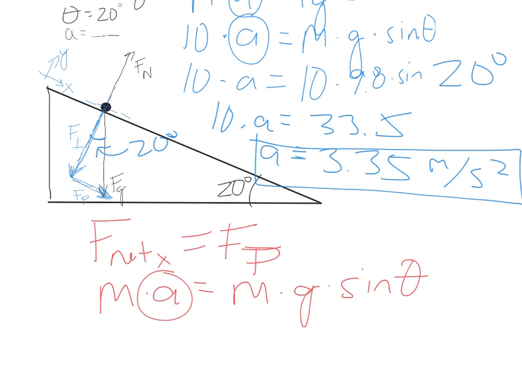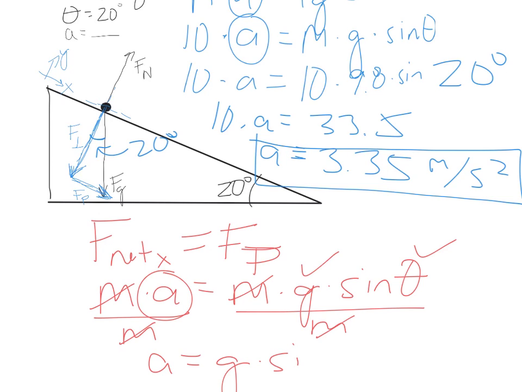We're looking for the acceleration. We know the acceleration due to gravity, and we know theta. We don't know the mass. But you'll notice mass is on both sides of the equation, so we could divide both sides by m, cancel it out, and we get down to a equals g sine theta.